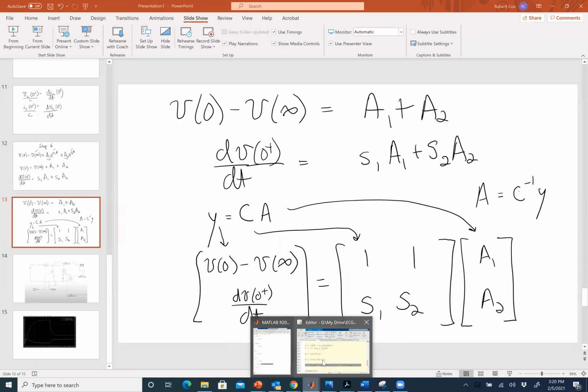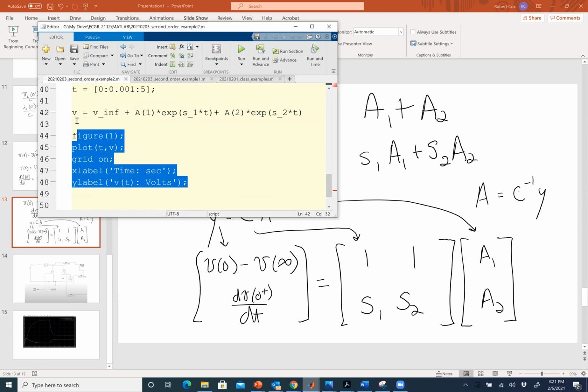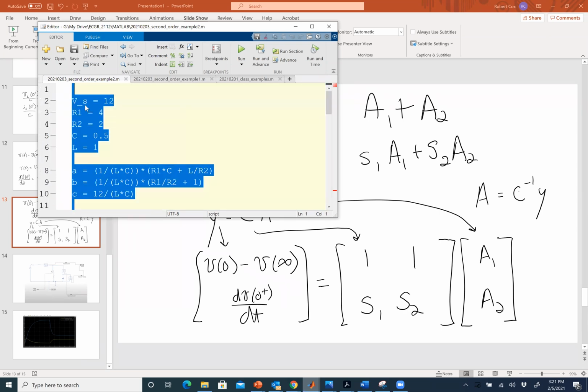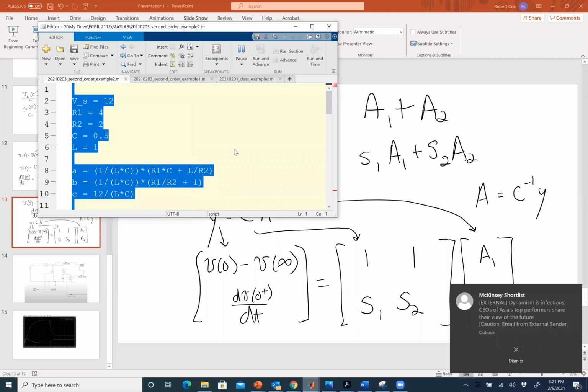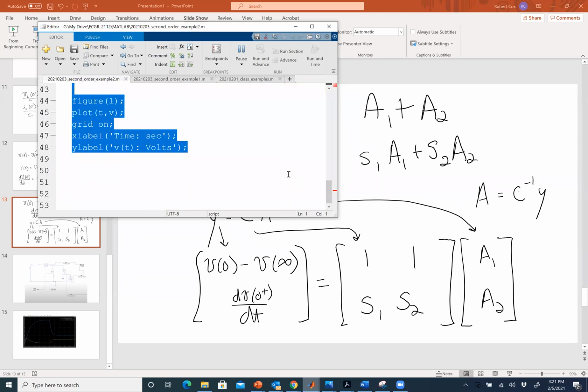Actually, I wanted to go to my MATLAB. So A of 1 is the first value in here, A of 2 is the second value, and I enter that and plot it. If I run this whole thing, it takes a second to make the plot. That's what takes the time here.